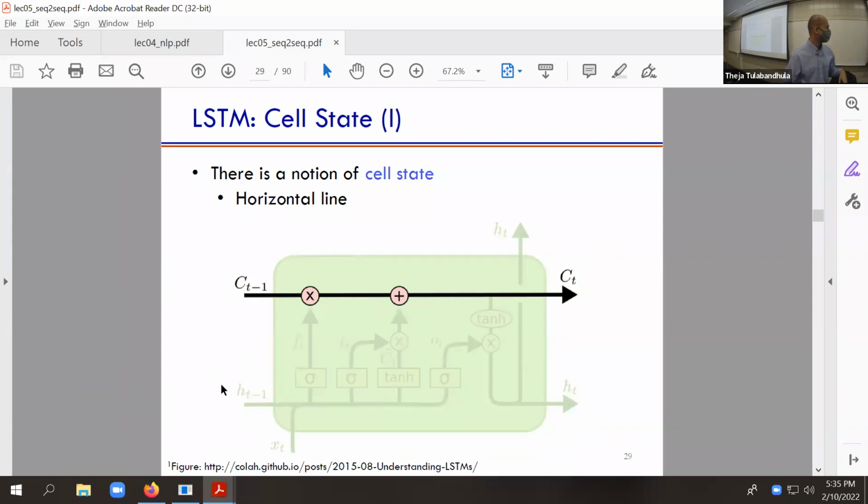So xt, ht minus 1, and ht, ht were the same as the vanilla RNN. The one new thing is that this function is now getting an input ct minus 1, from the previous execution of the function, and is producing a ct. So it's getting one extra input parameter and output parameter. If you think of a Python function signature, that's all that's going on.